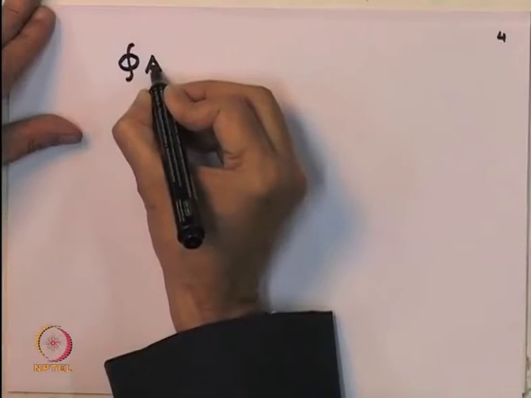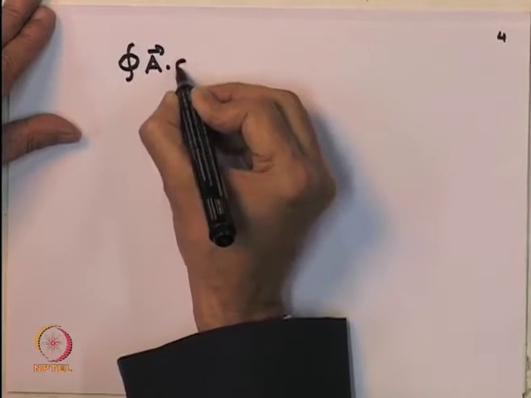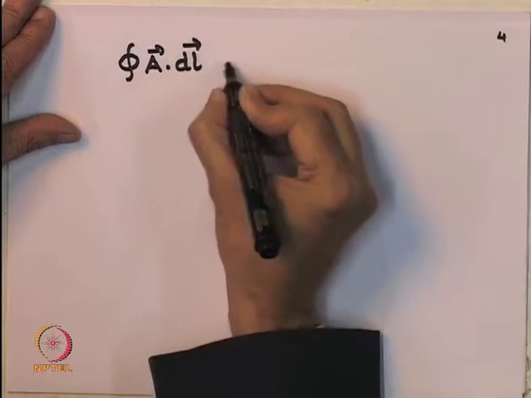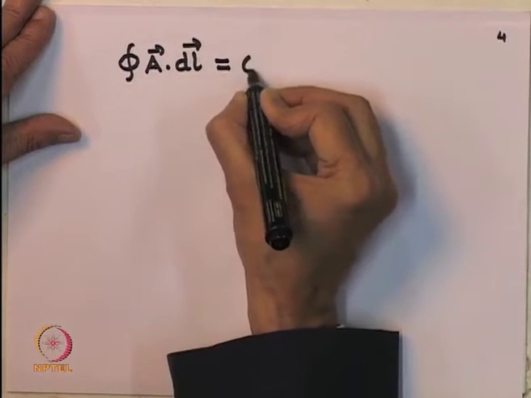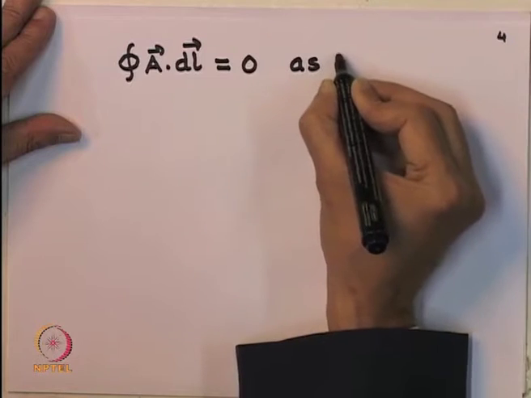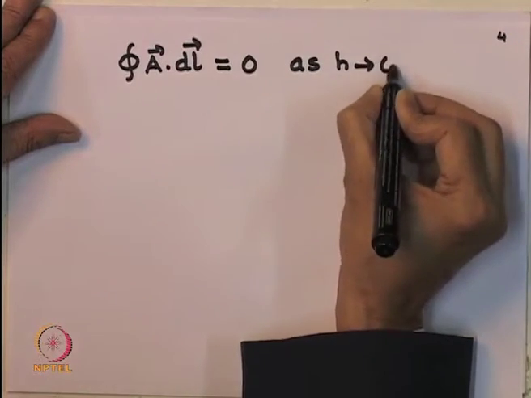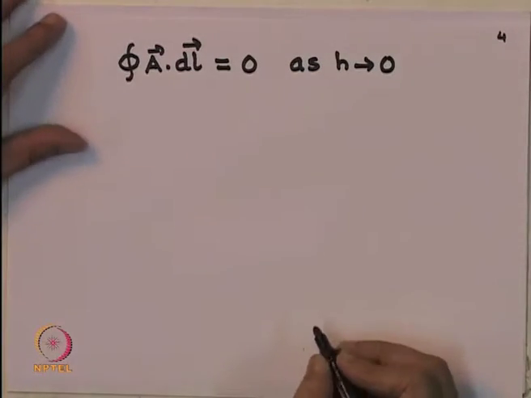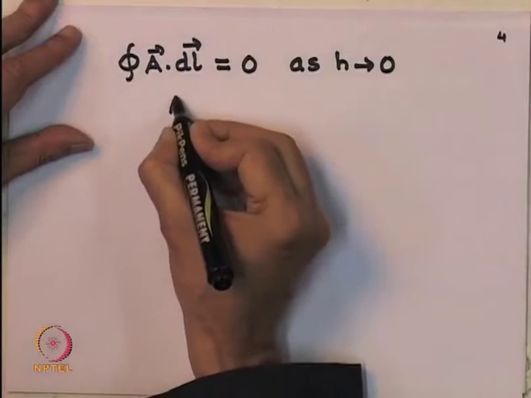We will now derive the corresponding relation for the tangential component of A. Here we use the fact that the integral of A dot dl goes to 0 as h goes to 0. So, I know that A t is continuous.